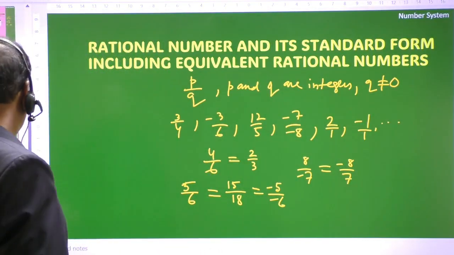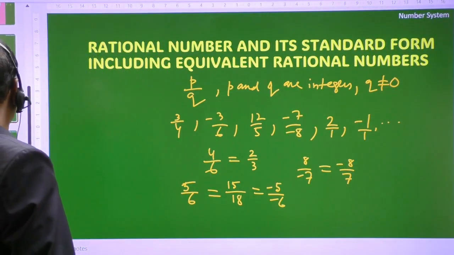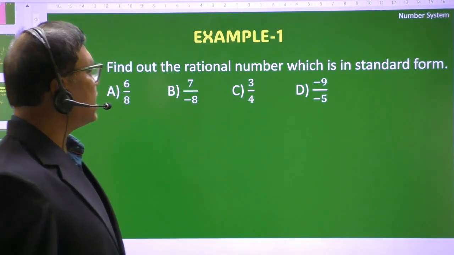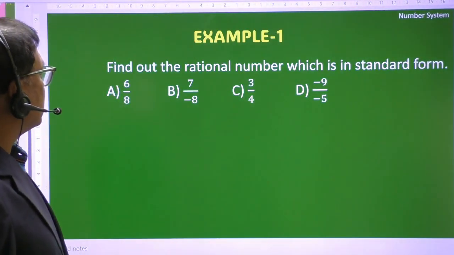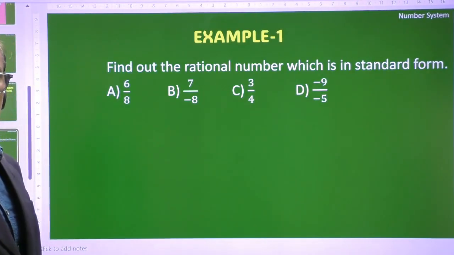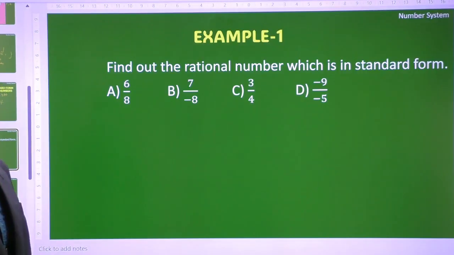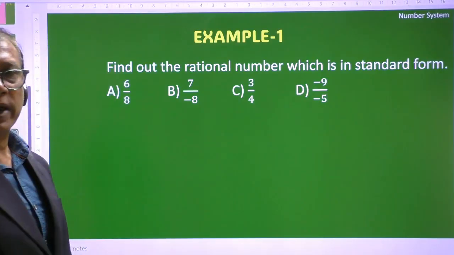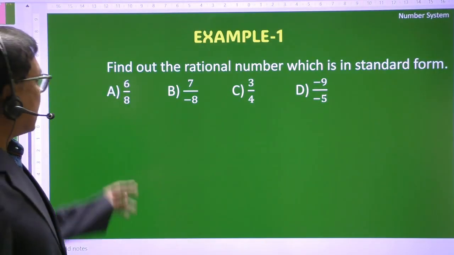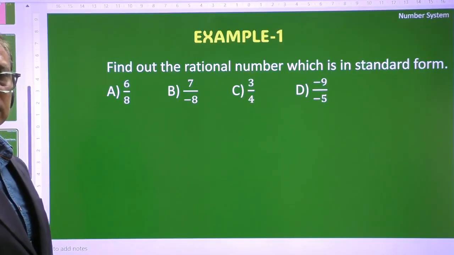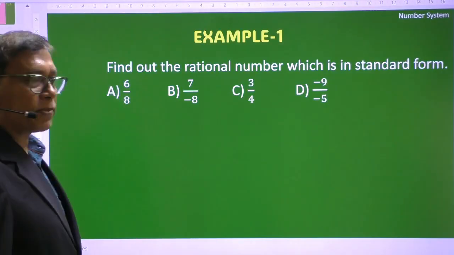Okay. So now one example. Find out which rational number is in standard form. 6 by 8, tell. Is it in standard form? Obviously not, because 6 and 8 are not coprime. I am seeing here 2 is the common factor, so that's why they are not coprime.